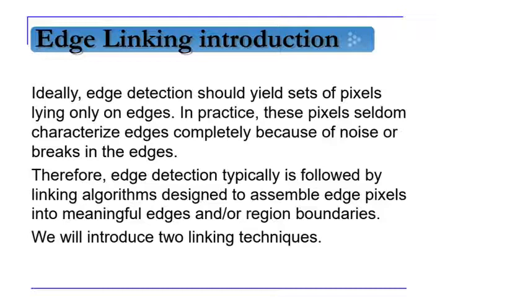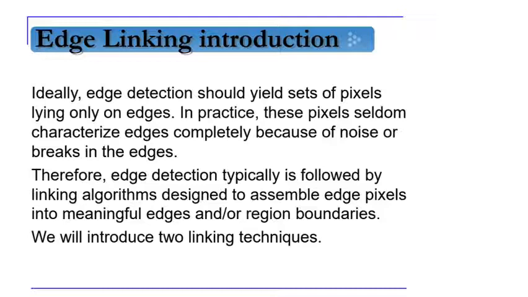So there are three fundamental approaches for edge linking. The first approach is based on knowledge about the edge points in a local region. So we only consider a part of the image, a local region like a 3x3 or 5x5 mask, and we compute the edge linking. The second requires knowledge about the points on the boundary of a region. So here we consider only one region in the image.